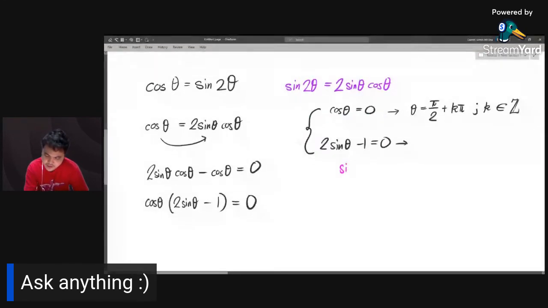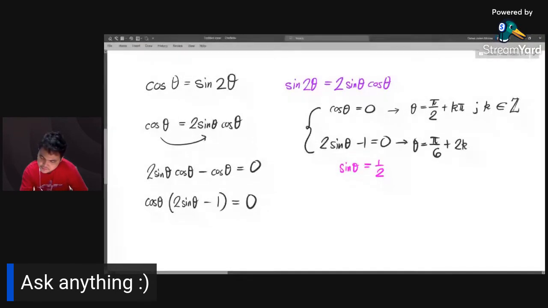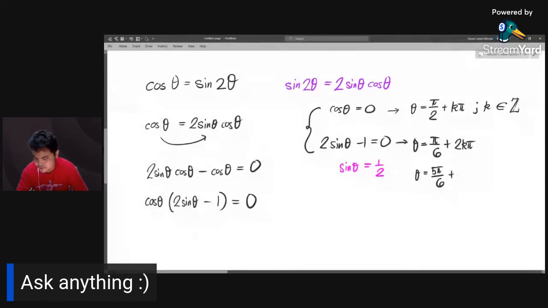Yeah. Then for 2 sine theta minus 1, siguro ganito lang muna gawin natin. We solve for sine theta. This one is 1/2. Okay. So therefore, theta is, I think there are 2. So you have pi over 6 plus 2k pi, and we also have 5 pi over 6 plus 2k pi.